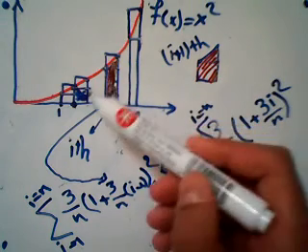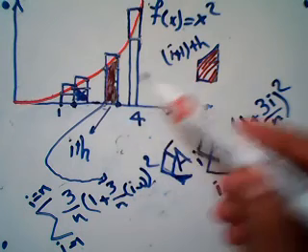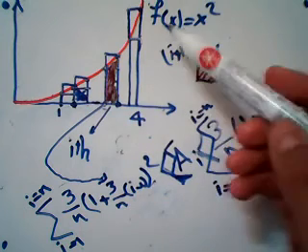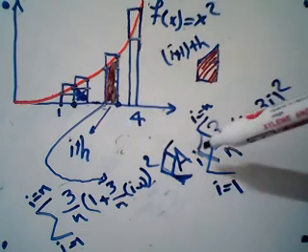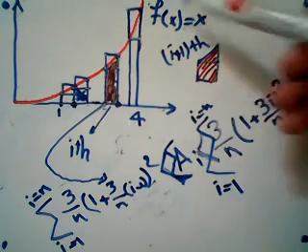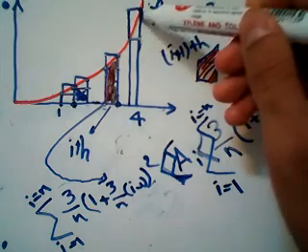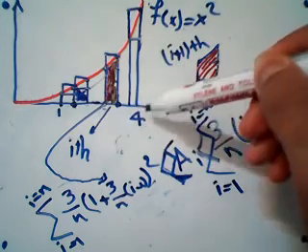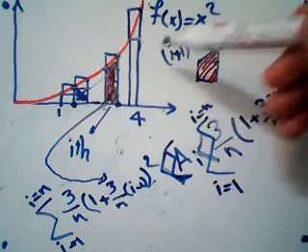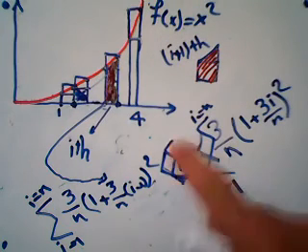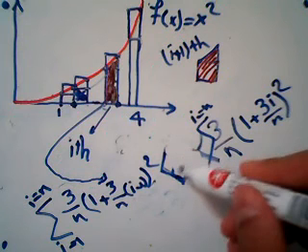And adding a1, a2, up to an gives us the whole area, the thing we are trying to calculate, the whole area under the parabola above the x-axis between the two vertical lines. So this is A, let's show that by A.